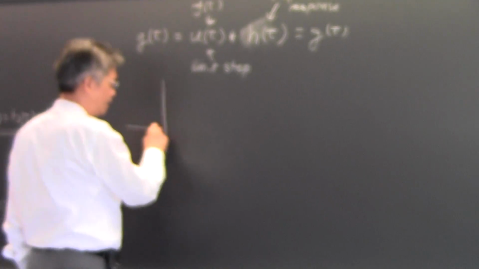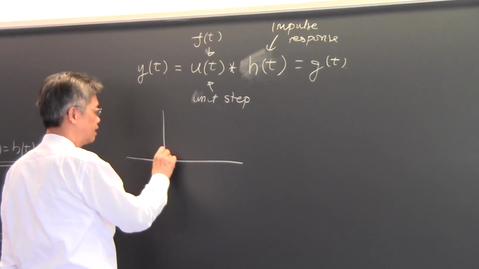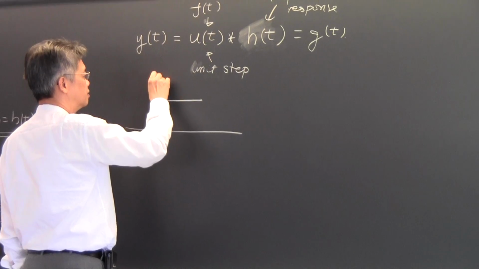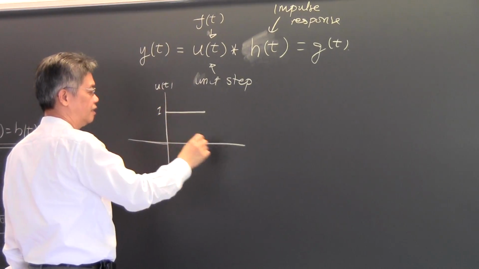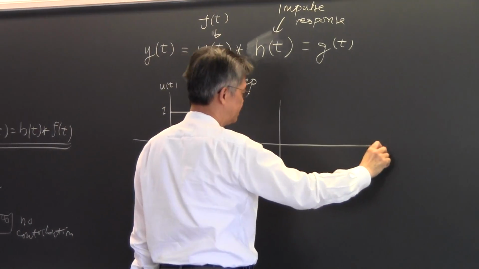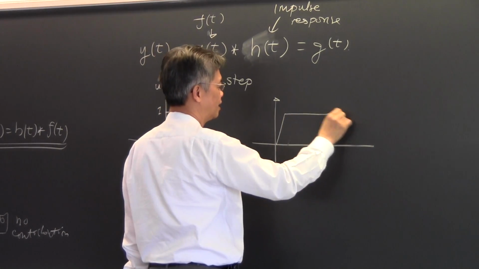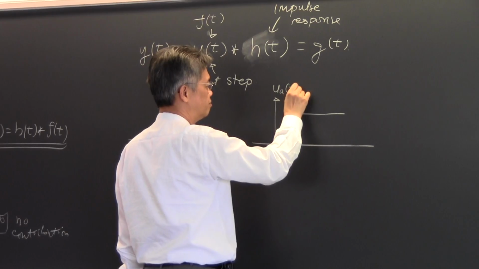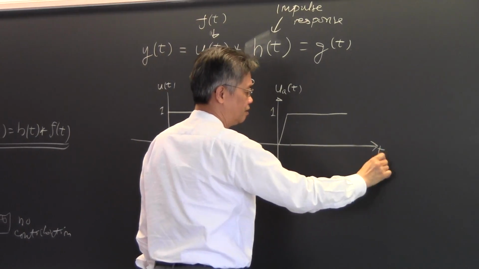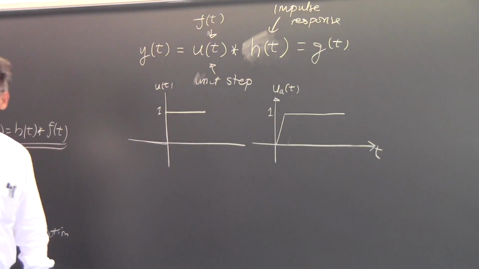It's a lot easier to construct a unit step function. Ideally, a unit step function looks something like this. This is what a unit step function looks like. But usually it has to be approximated in the lab. Maybe not ideally, it will look something like this, an approximate function of the unit step. But even in the lab, you might not get something like that.